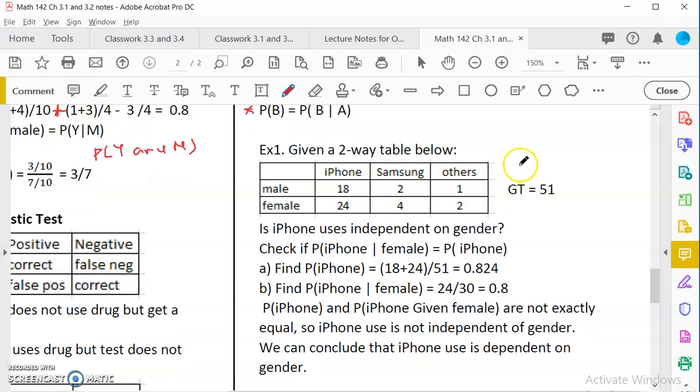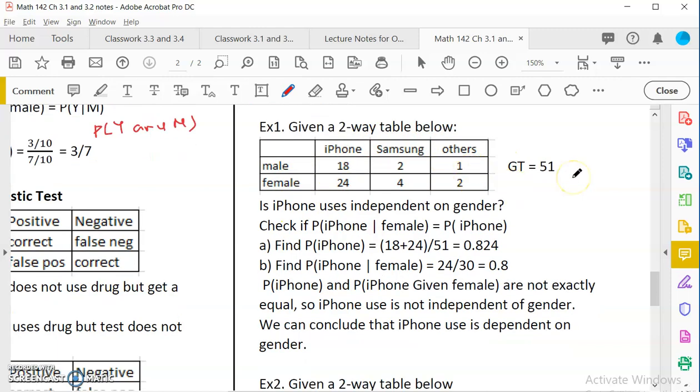If I know the gender, would it affect the major? If I know the gender, would it affect their choice of phones? So we can use a two-way table to do that. And this is actually the most important thing in chapter 3.1 and 3.2: being able to use a two-way table and check if two random variables affect each other.